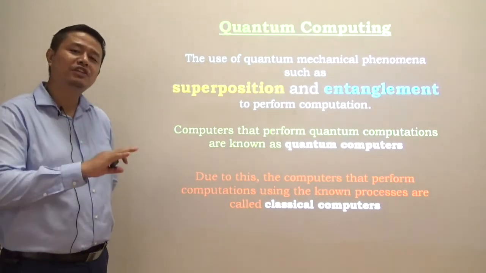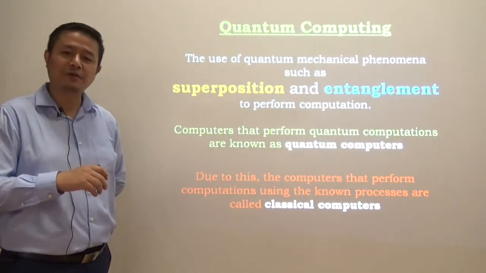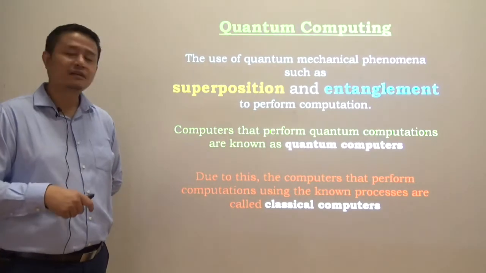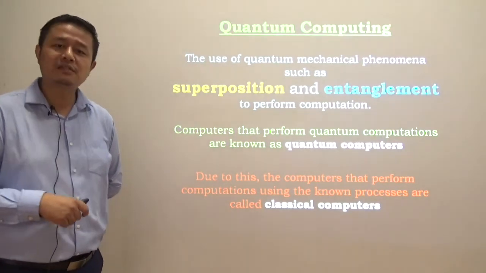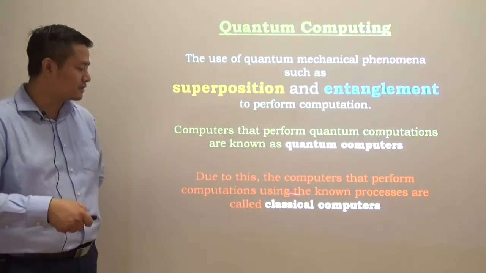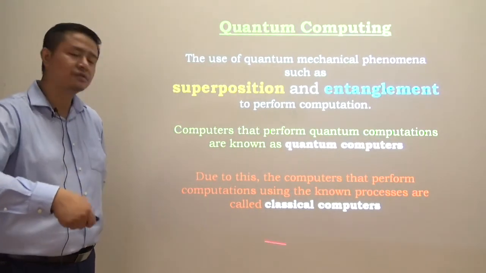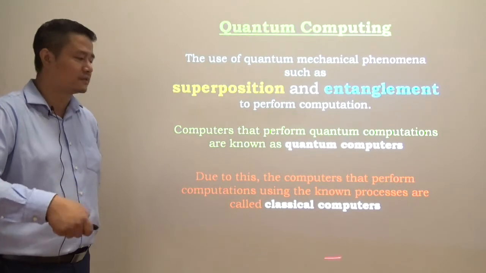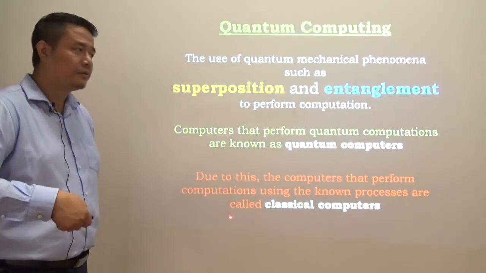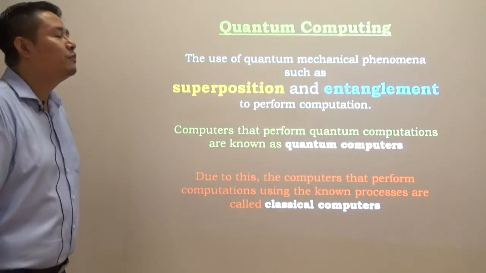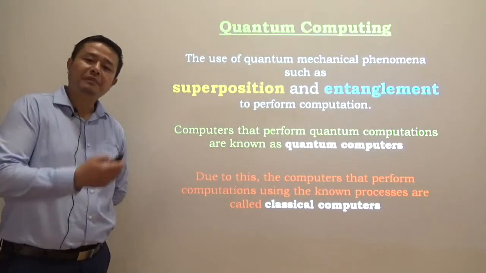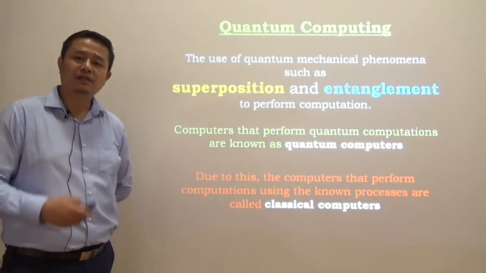So the computation based on the bits 0 and 1 are called classical bits, and the computers based on those computations which we have discussed before, 0 and 1s, are called classical computers. Now when we say quantum, we mean quantum mechanics.